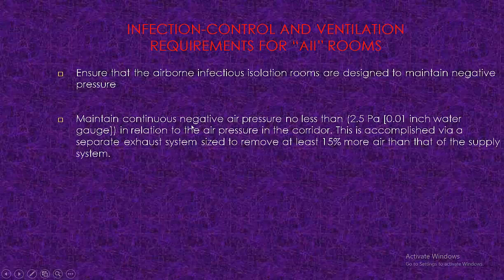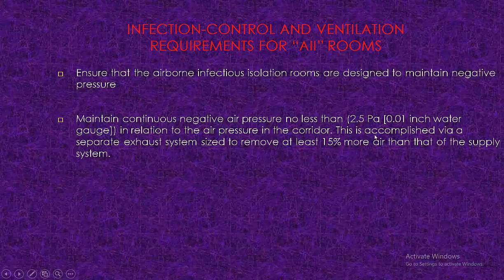So maintain continuous negative air pressure no less than 2.5 Pascal, which is 0.01 inch of water gauge. So we can maintain continuous negative air pressure, but the pressure must not decrease below 2.5 Pascal in relation to the air pressure in the corridor.